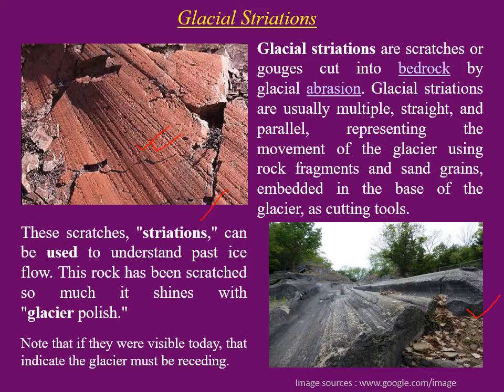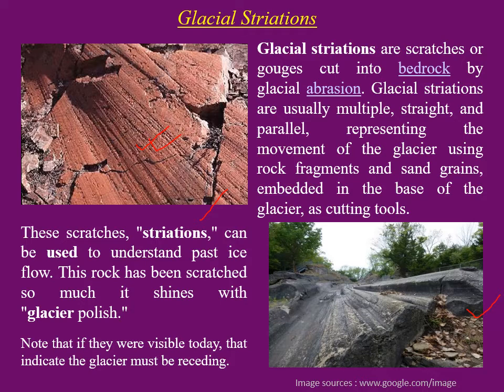Another important piece of information you get from observing these striation marks or groove marks formed by the glacial abrasion process is that this area was previously under glacial activity, and previously this area was covered by glacial ice mass.